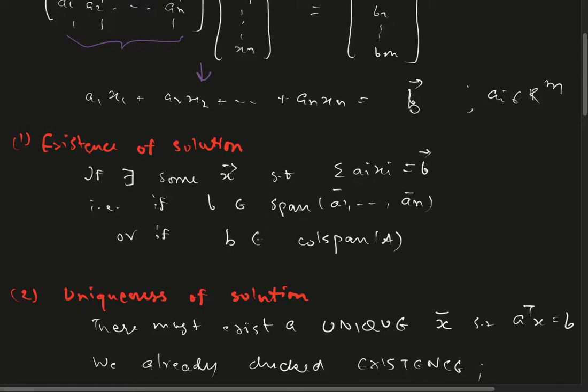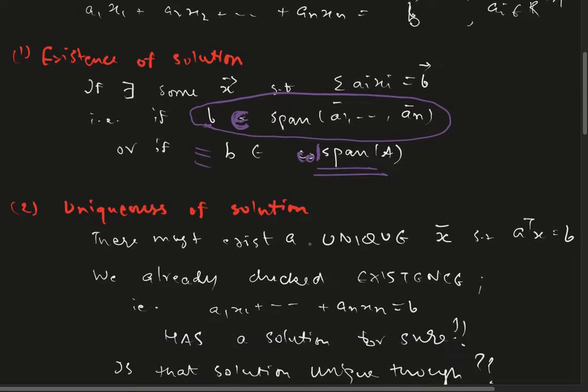This is what I've written here. If B can be written as a linear combination of a1 to an, that is, if B is an element of the span of a1 to an, or since a1 to an are the columns of the matrix A, we can equivalently say that B is an element of the column span of A.